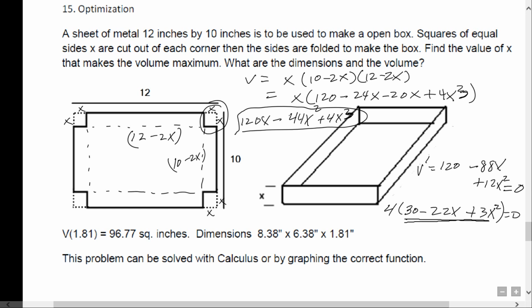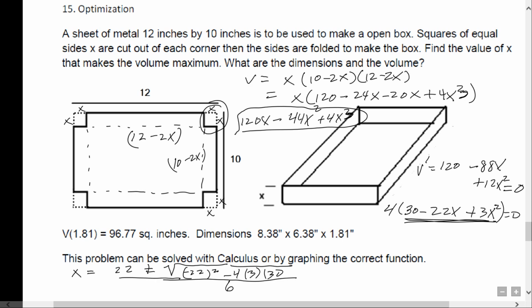This is a quadratic which you can solve with the quadratic equation and get that x equals 22 plus or minus the square root of b squared, which is minus 22 squared, minus 4ac, which is minus 4 times 3 times 30, all over 2a, which is 6.